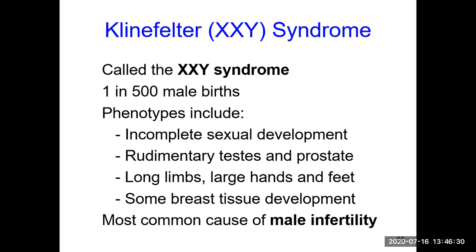Klinefelter syndrome, XXY. Now, just because there's an extra Y, this individual becomes a male, although this individual has 2 X chromosomes. Although this is a male individual, the male reproductive organs are very, very poorly developed. Okay, so testes and prostate are very rudimentary. Sexual development is not complete. The male is infertile.